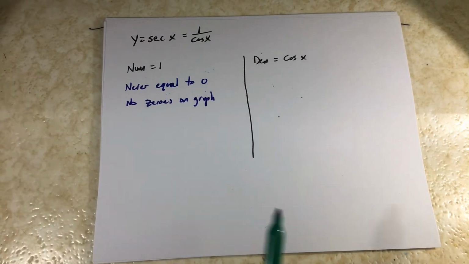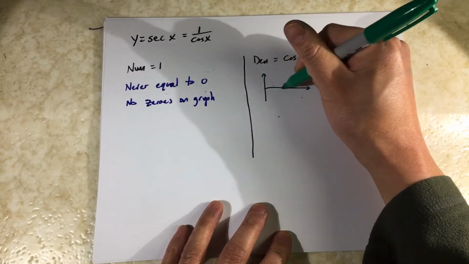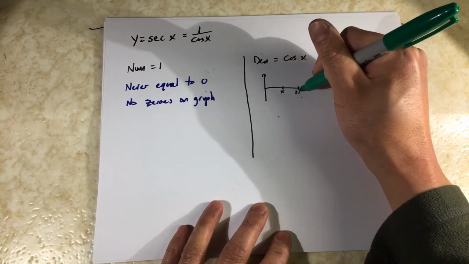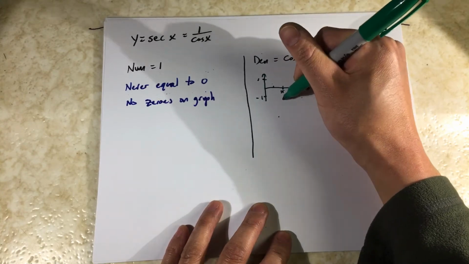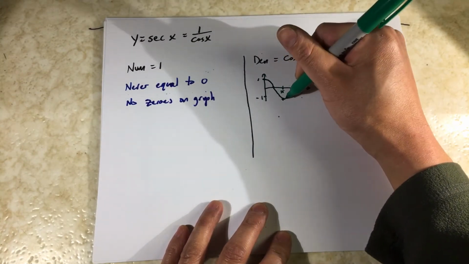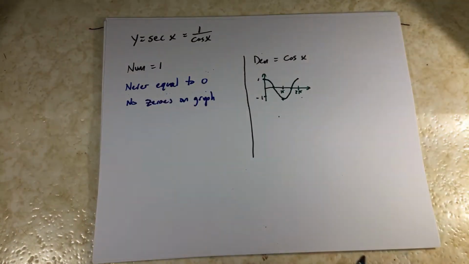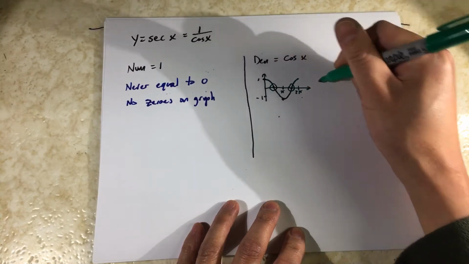All right. And then for cosine x, we start here, go there. So what we're looking for now is zeros, and you can see there's a 0 here and a 0 here.